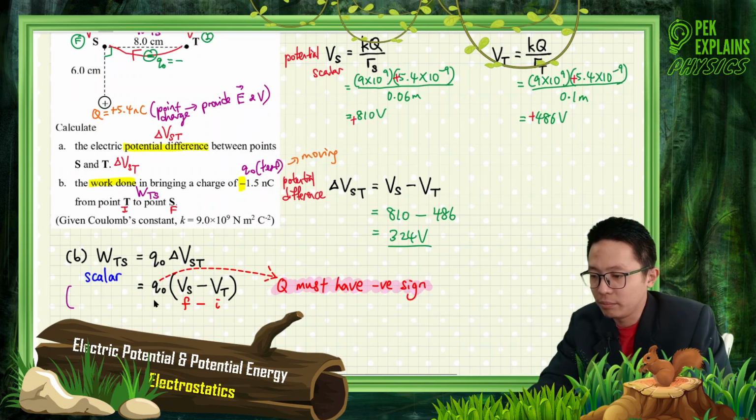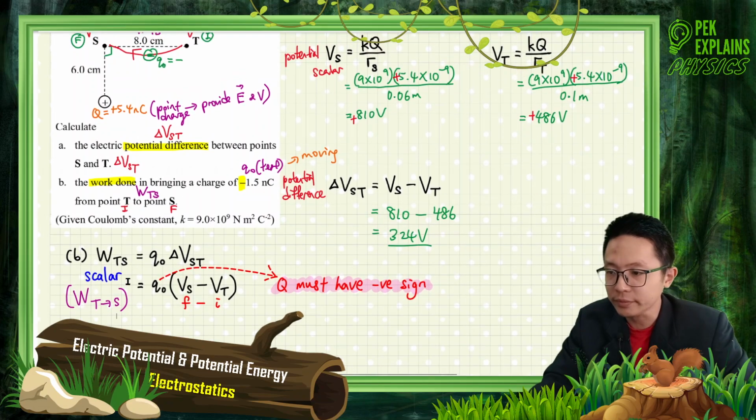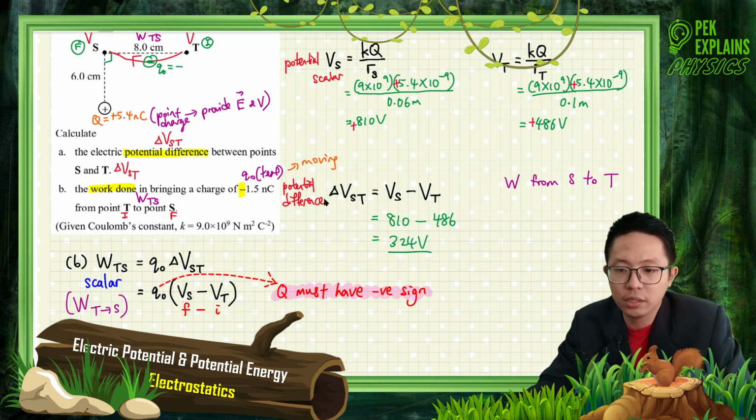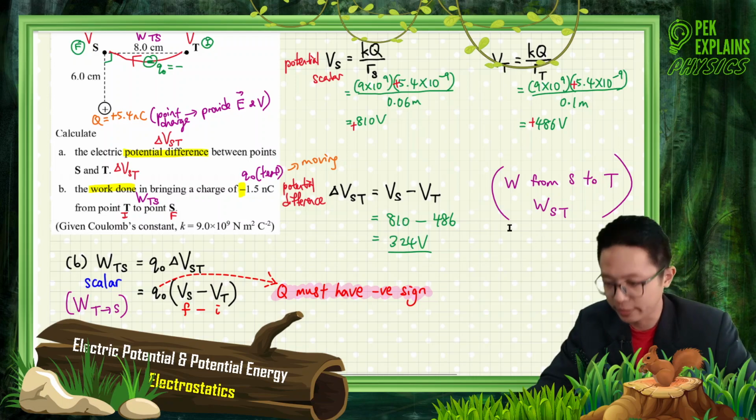Work done TS means work done from T to S. If the question asks for work done from S to T, then you write work done ST. Understand?